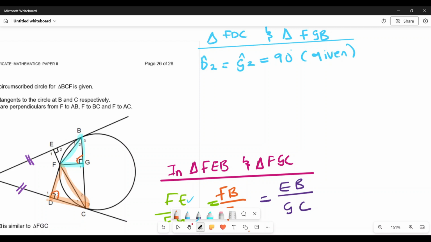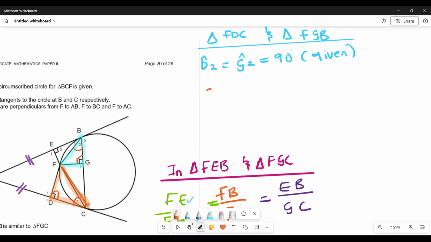Now, this line from F to C is basically my chord. And what do I know about this angle here? In accordance with the tan chord theorem, the angle between your tangent and your chord is equal to the interior angle, basically the opposite interior angle of your triangle, which in this case is B2.